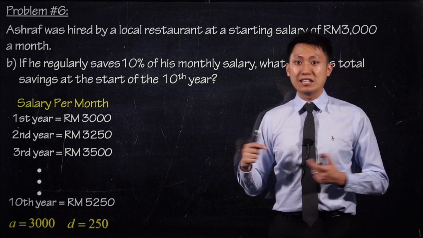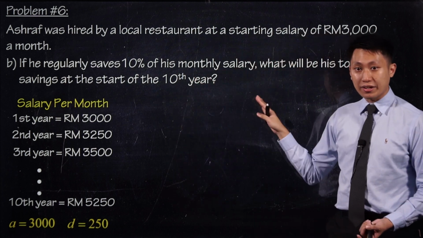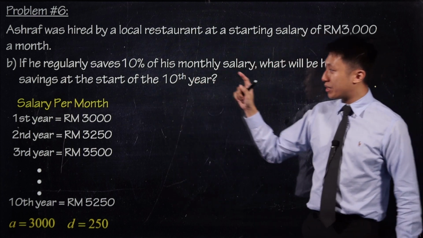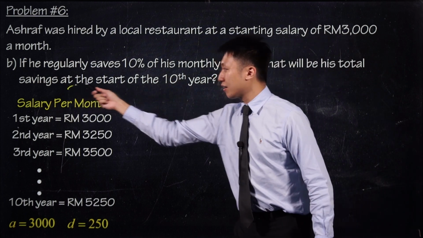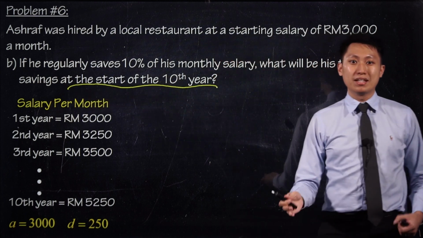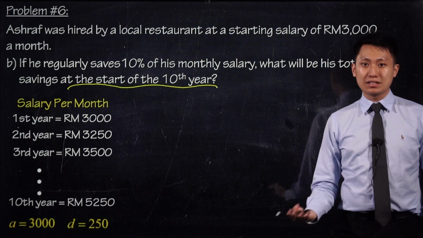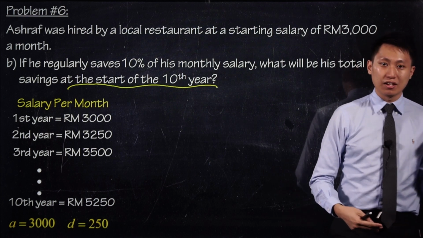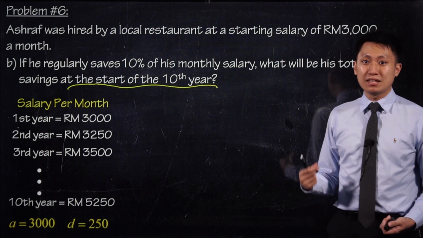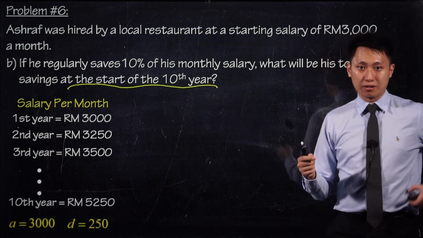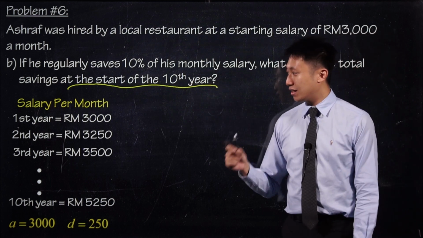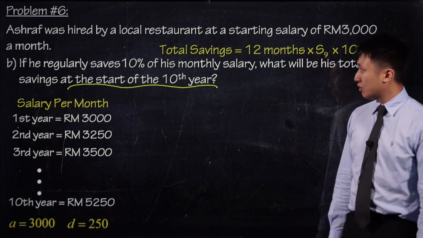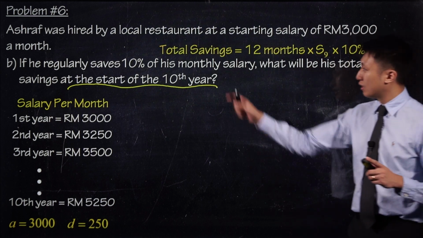Because this is at the start of the 10th year, it is the savings up to December of the 9th year. So you've got to be careful about this one. It's not S10.